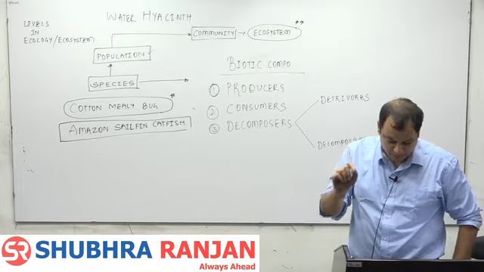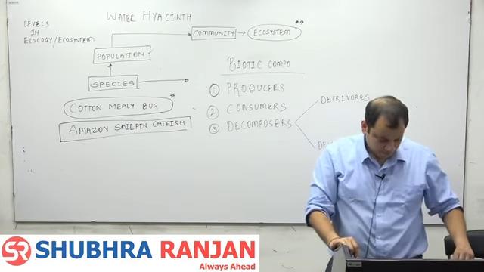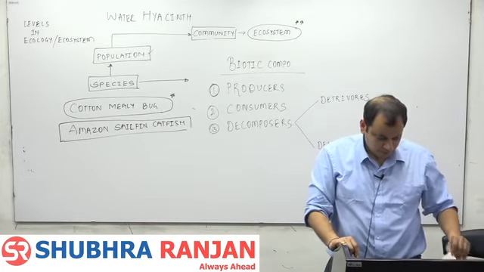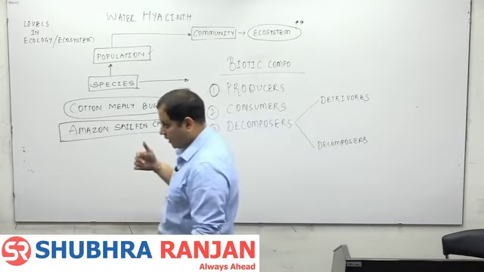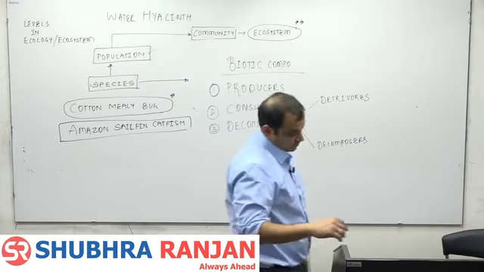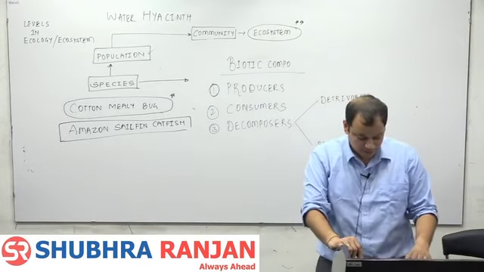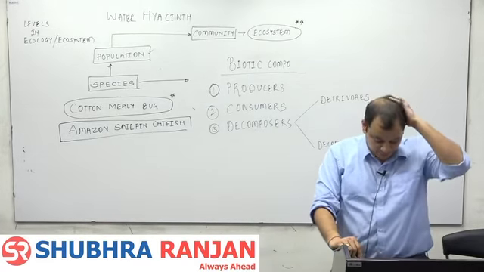The biotic components consist of living organisms such as plants, animals and decomposers.